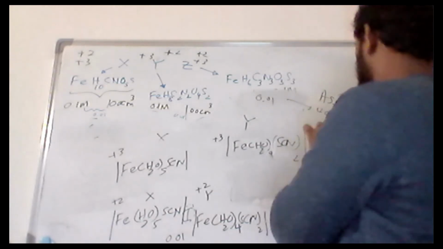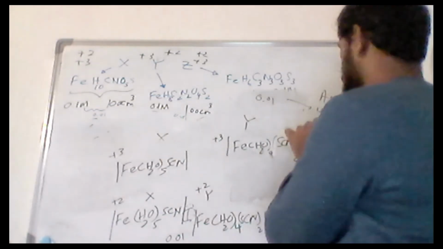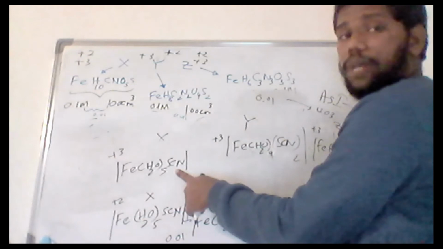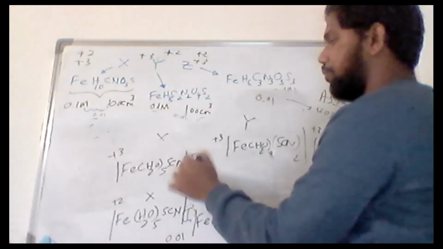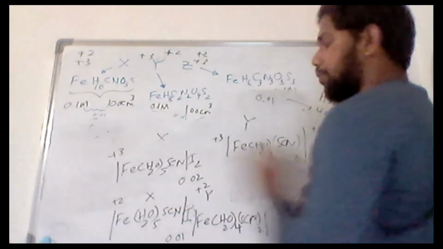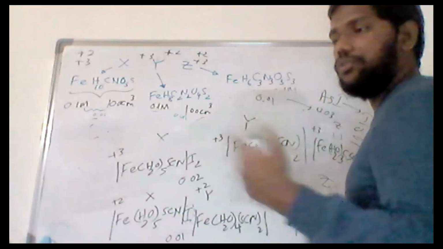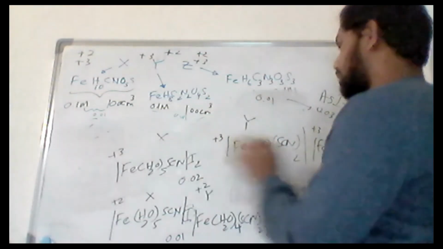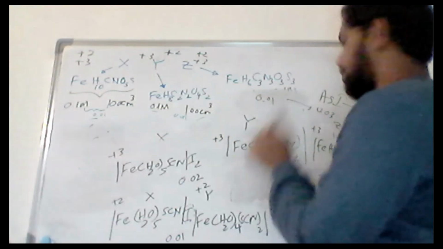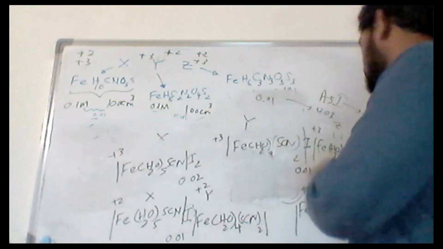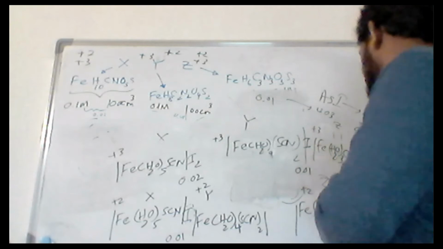Now we will think in a different way. If all these are plus 3, so if this is plus 3, here this should be minus 1, so the overall charge is plus 2, so I2. So if you use 0.01, this is 0.02 because there are 2 iodines, so 0.01 into 2 is 0.02. And if this is plus 3, so minus 2 plus 3 plus 1, so there should be iodine, so 0.01. And here this is plus 3 minus 3, the overall charge is 0.